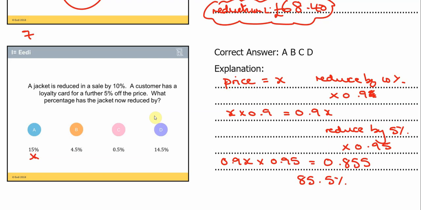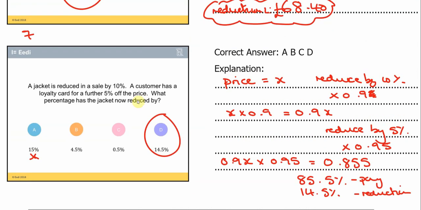But that's the price, that's what you're going to pay. The reduction is what's been taken away from 100, so that would be 14.5%. So again, that's just another proof of why it isn't 15%, doing it in multiple steps. And that is compound interest because it's interest upon the new value, not just going straight off the base value of what the jacket started at.